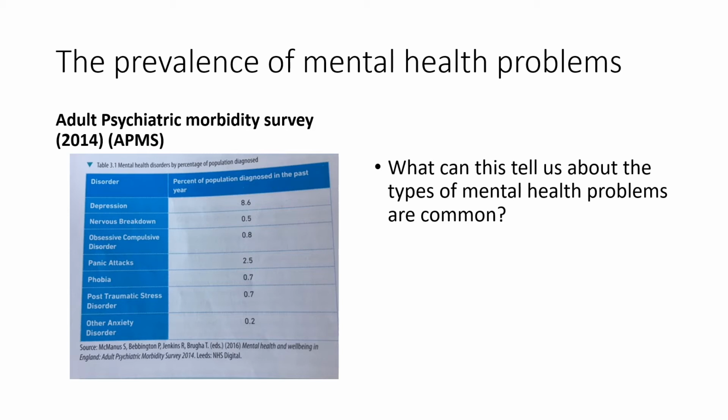And then the other illnesses, if you have a look at them, are slightly different types of illnesses. So if we think of things like obsessive compulsive disorder, which is known as OCD, that's 0.8, so that's less than 1% of the population. That might be something that people are born with or has a genetic influence.